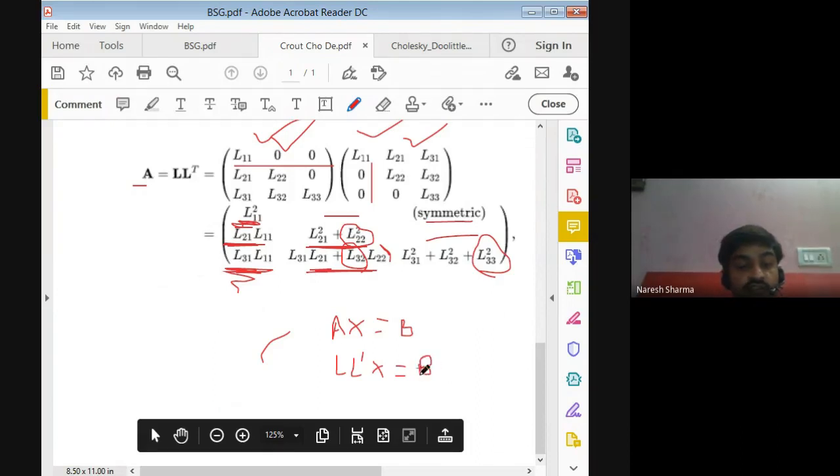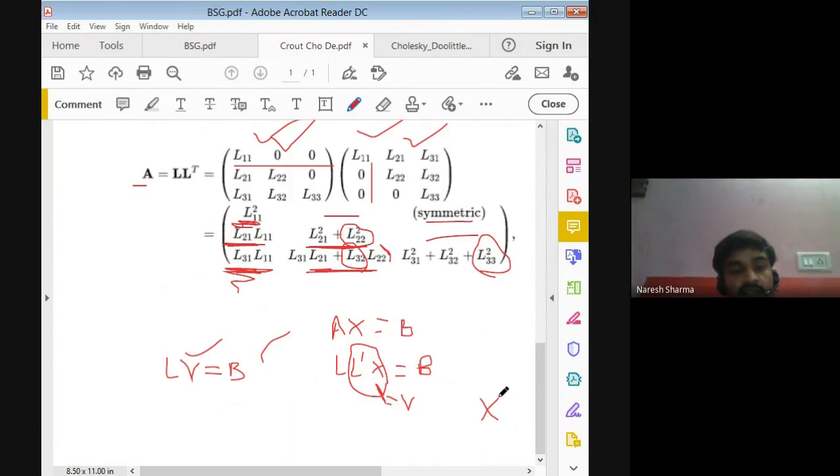Now we assume this product is equal to V, and after that we get LV is equal to B. From this equation we can find the value of V first, and then just put it in this, and we get the value of X as we discussed in the previous one.